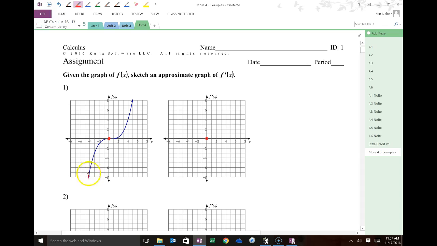We've got this super steep slope that eventually narrows out. If I was analyzing the number for the slope right there, I would say it's like 10 maybe, or something super high. And the closer I get to 0, it's getting to 1 or something.